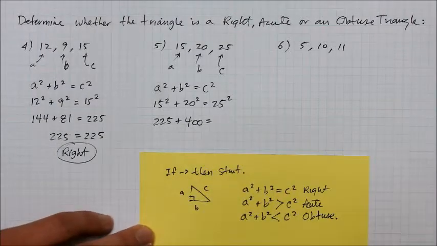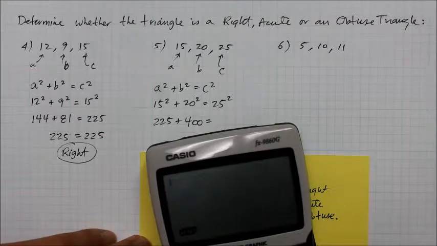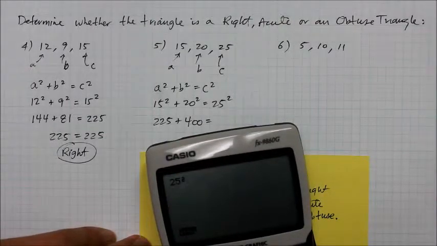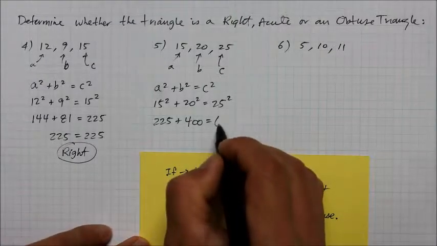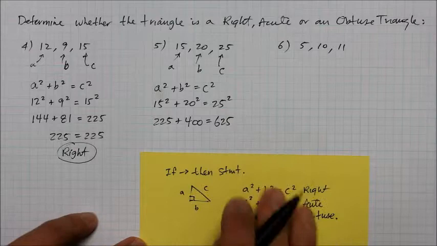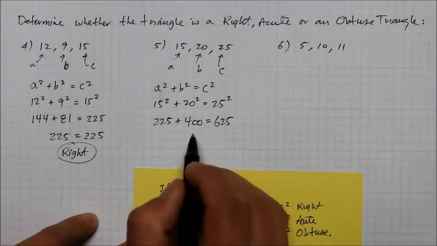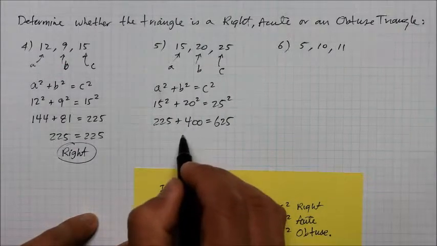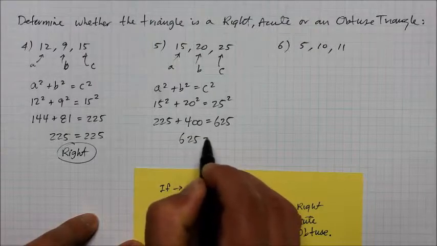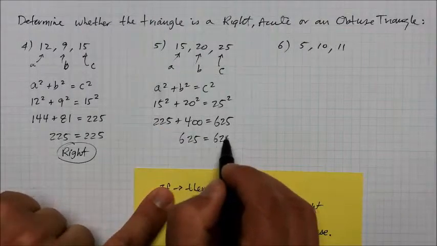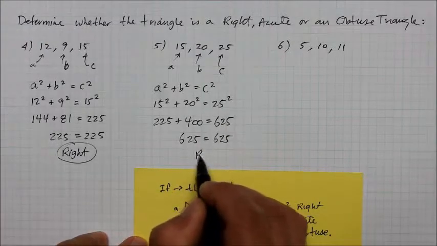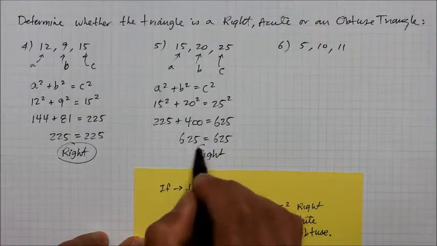And 25 squared, I forgot again, so enter the calculator. 25 squared says 625. Hey, what do you know? I got lucky again, I think. 225 plus 400 is in fact 625. So since the sum of a squared and b squared equals 625, which is c squared, again, this represents a right triangle.